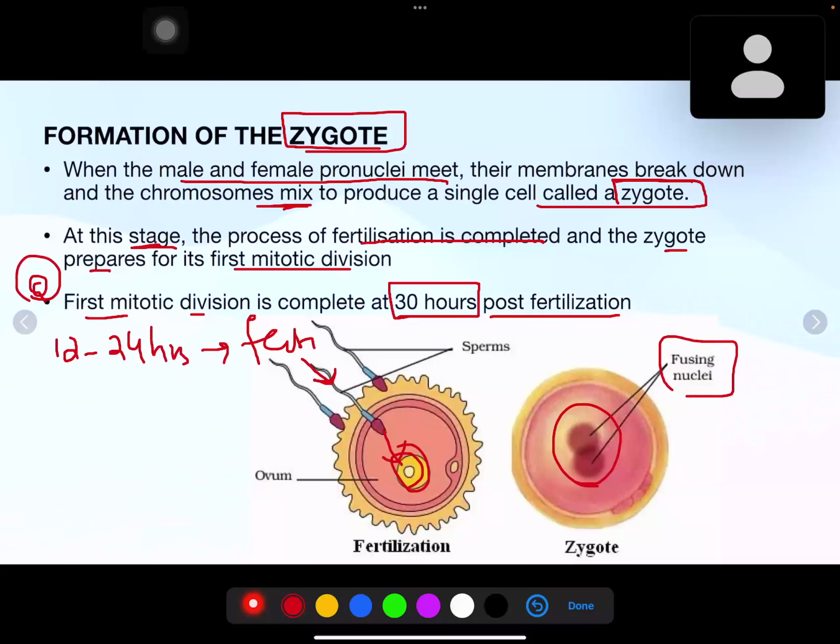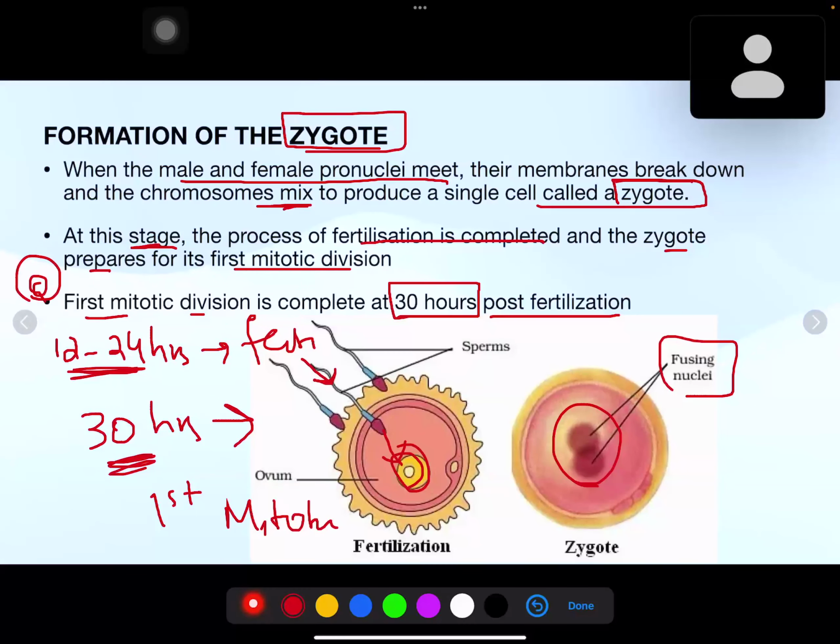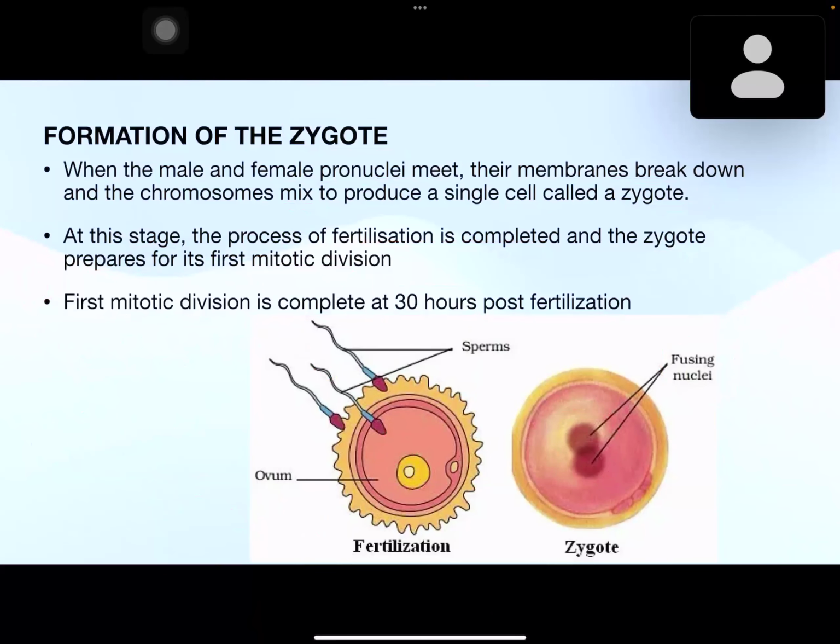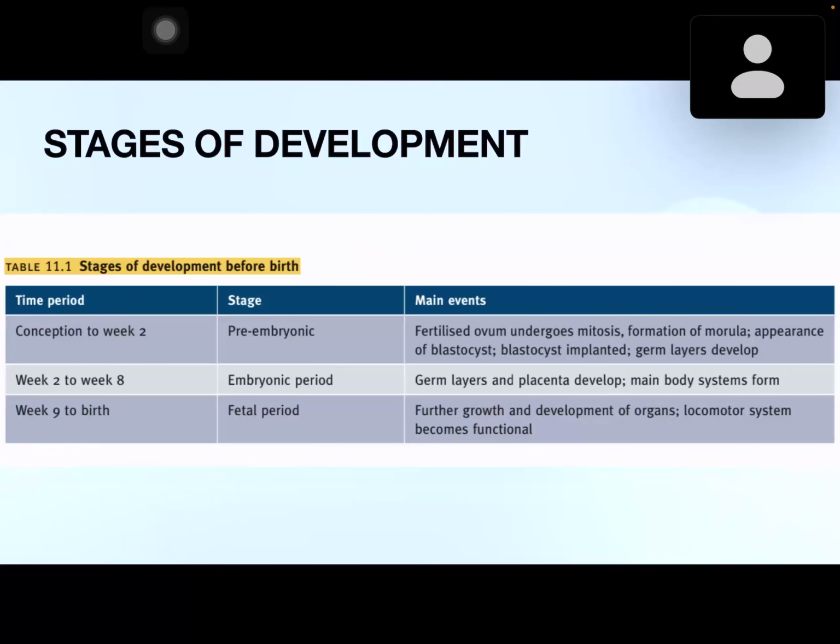And after fertilization, after 30 hours, the first mitotic division occurs. So these two timelines you have to remember. The first mitotic division is completed 30 hours post fertilization.